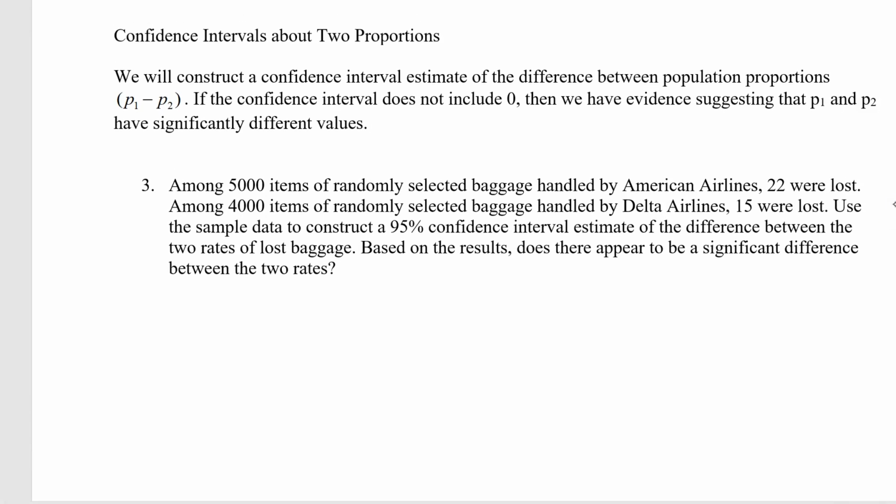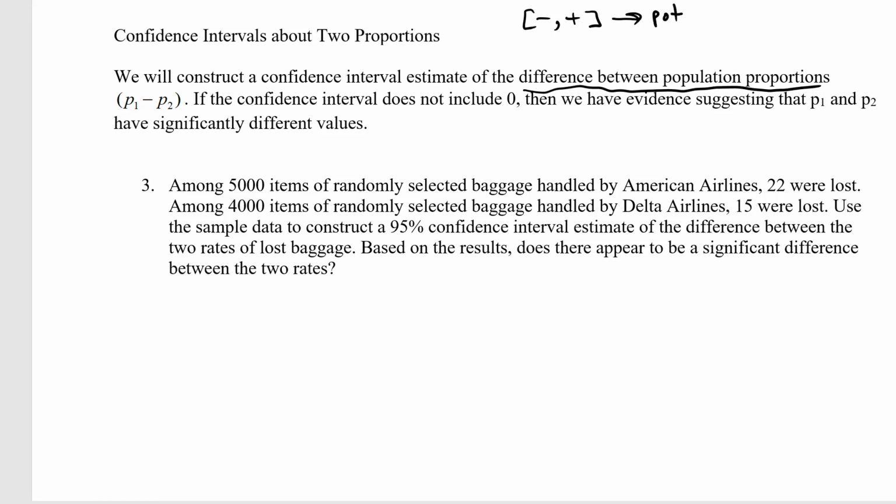Now, how do we deal with proportions? Okay. So when I do a proportion interval, it's always on the difference between the proportions. So what we really come down to is if my interval contains 0, so if it goes from negative to positive, then that means zero is in that interval.